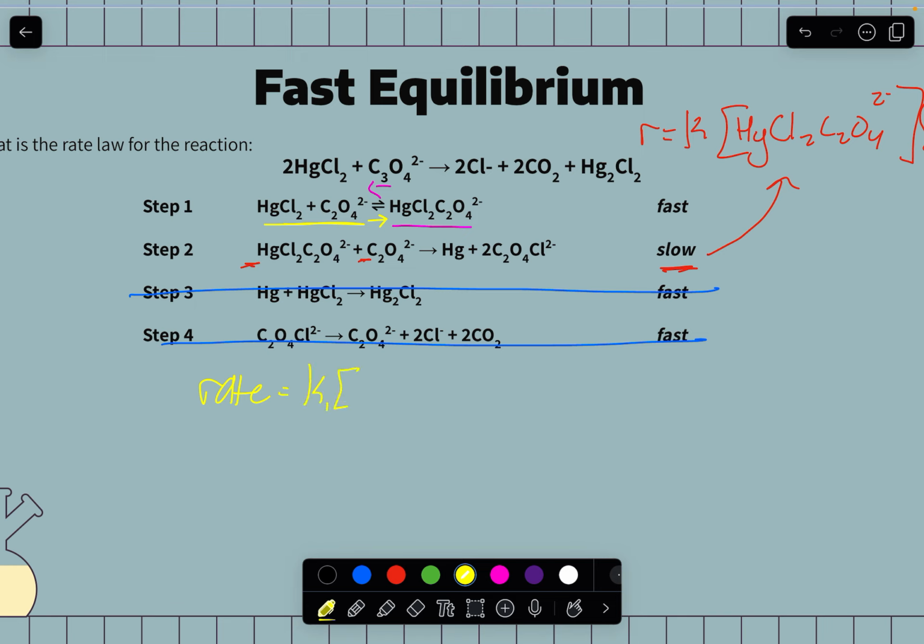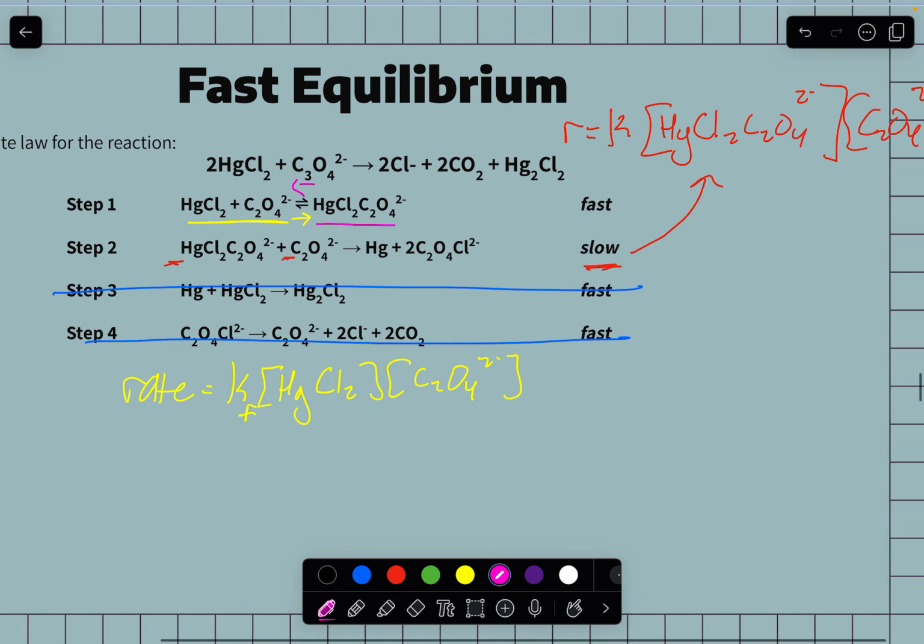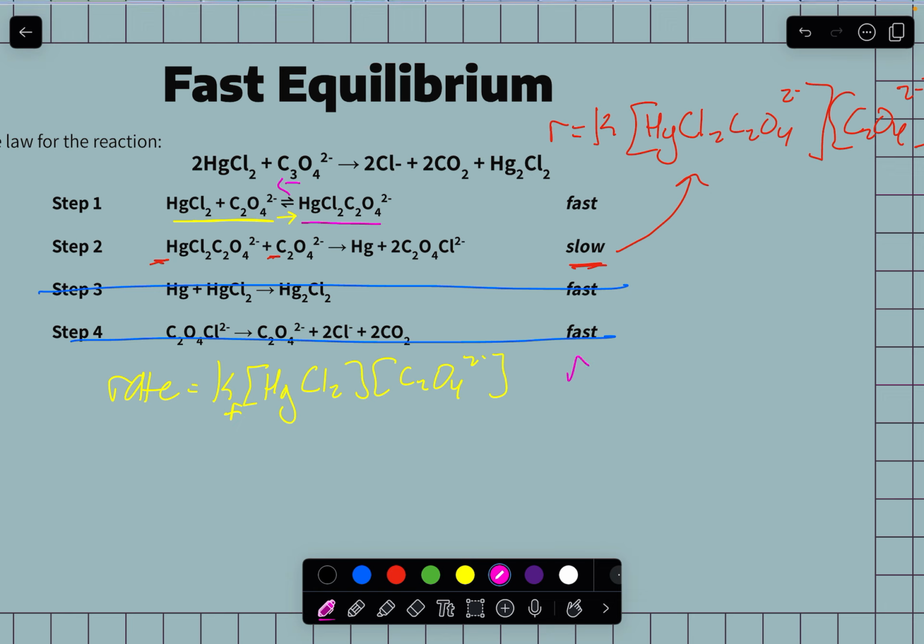I'm going to put K1 because it's our forward, or let me do Kf for our forward. Then our reactants for step 1 are HgCl2 and C2O4 2 minus. For the reverse reaction, rate equals Kr, K reverse, and our only reactant there is HgCl2C2O4 2 minus.